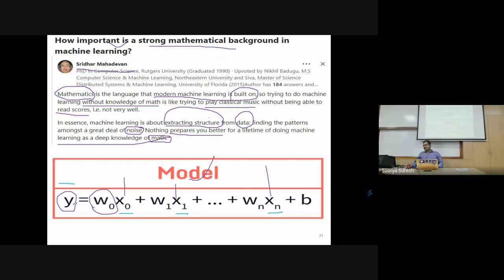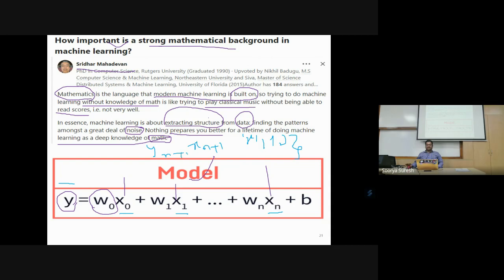Now, what is learning here? When I say learning, the ultimate aim is: I have some data, which I represent as x1, y1; x2, y2; up to xn, yn. This data is given. What is my ultimate aim? If I give x of n plus 1, I want to know y of n plus 1.